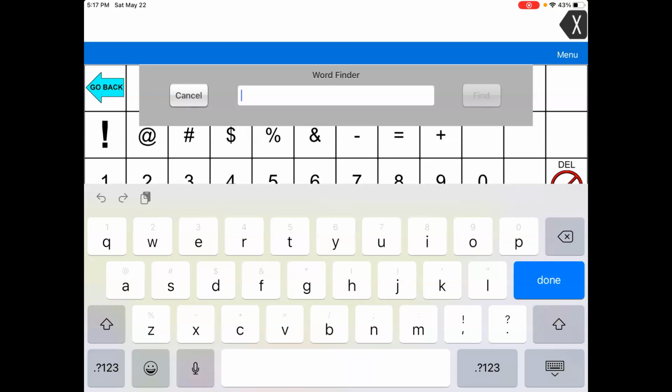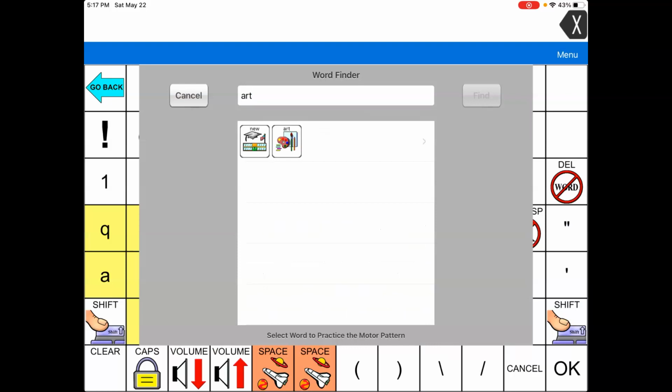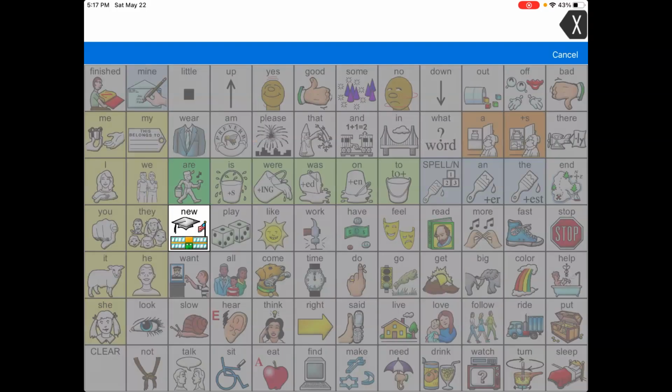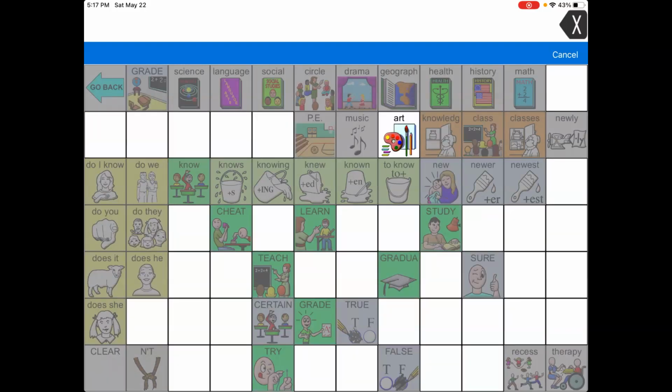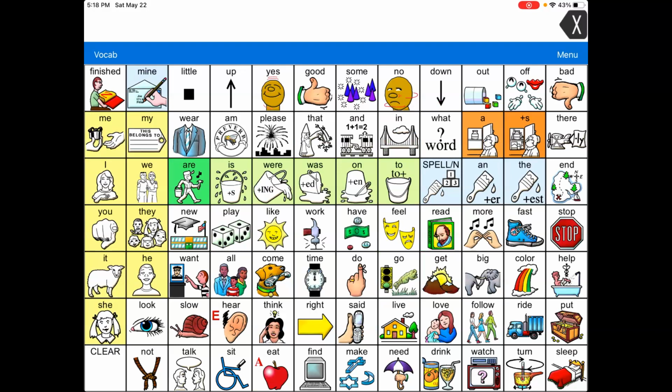So if I want to talk to my students about art class, I may type in art, and I'll hit find, and look at that. It's a subject in school, so we're going to tap there, and it's going to walk us through how to get there. Art. Beautiful.